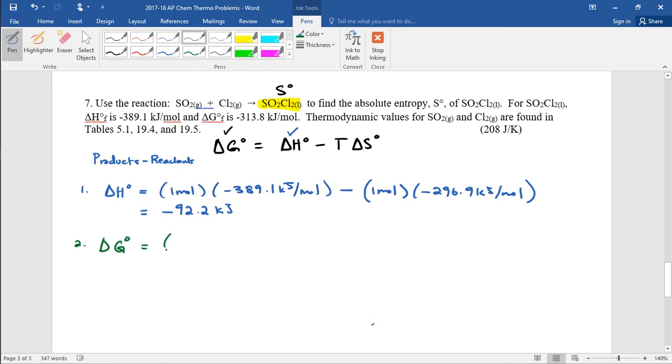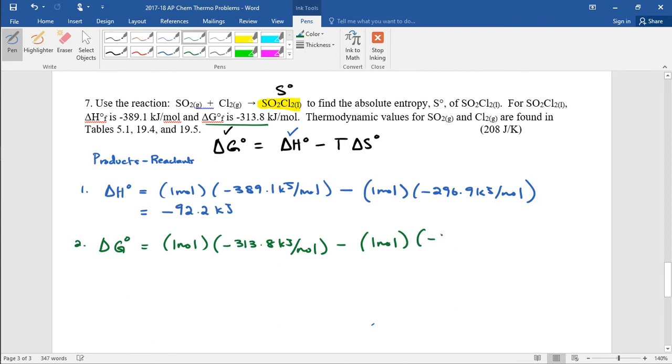So starting with the product, that's going to be 1 mole times the delta G formation for SO2Cl2, which is given. That's going to be negative 313.8 kilojoules per mole, minus 1 mole times the delta G of formation of SO2. You can look it up.